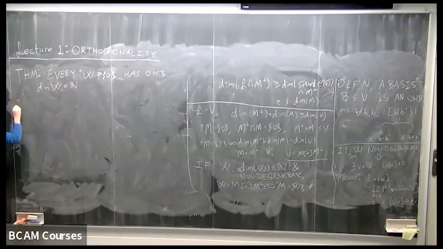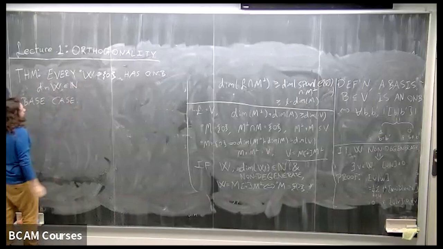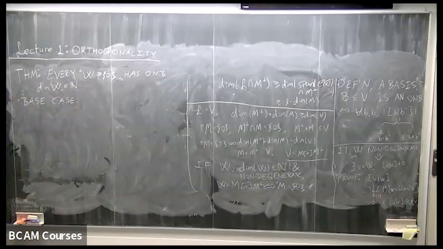Okay, so if I'm going to prove it with induction, the first thing I do is a base case. There are no zero-dimensional non-degenerate spaces, because a zero-dimensional space is just the zero vector, which we know is not non-degenerate. Zero is a neutral vector.